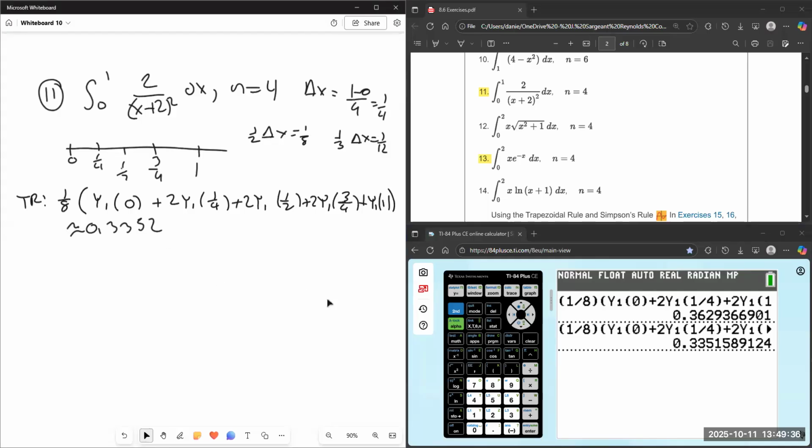There we go. And then this changes from an 1/8 to a 12th. And then this changes from a 2 to a 4.